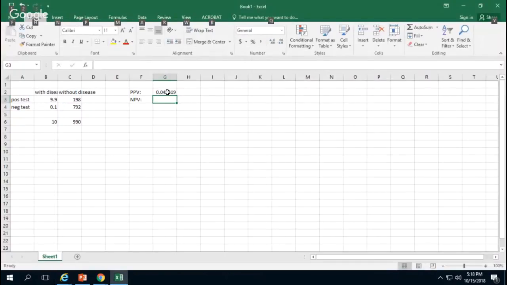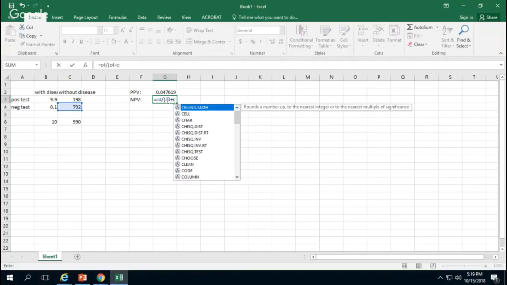All right, did I get this right? 0.047 for the positive predictive value. Negative predictive value: if you receive a negative test, the probability that you do not have the disease, so it's C4 over C4 plus C3.